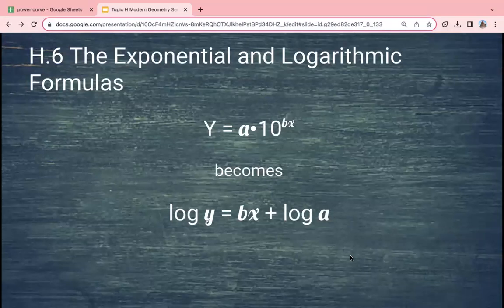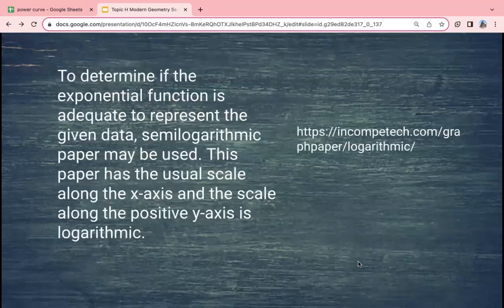Where this is the case, the procedure is to determine a and b so that your bx plus log of a is the best linear fit to the set of points x and log of y. To determine if the exponential function is adequate to represent the given data, semi-logarithmic paper may be used.